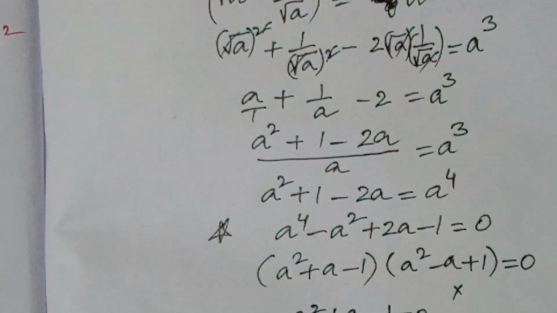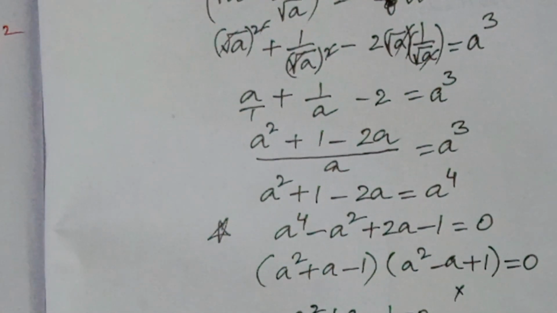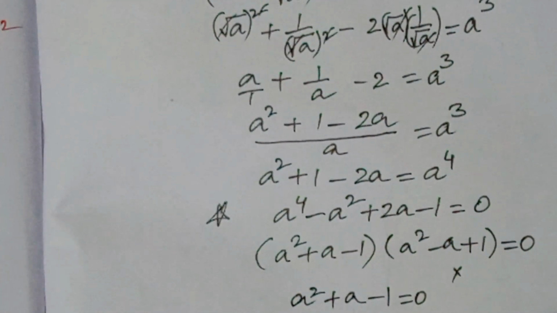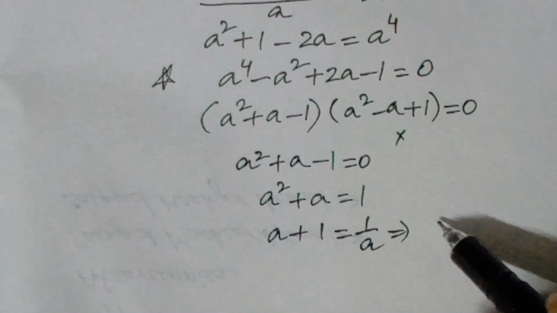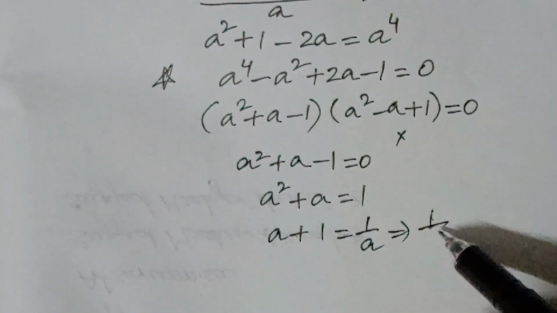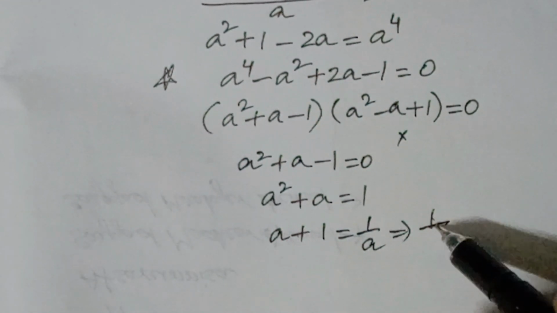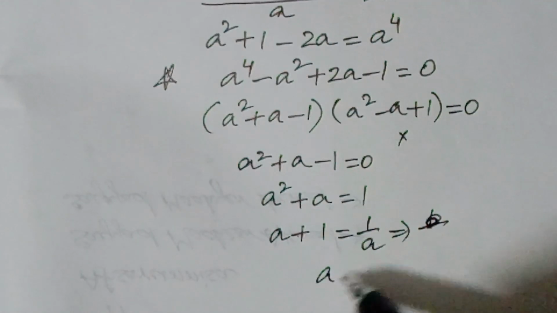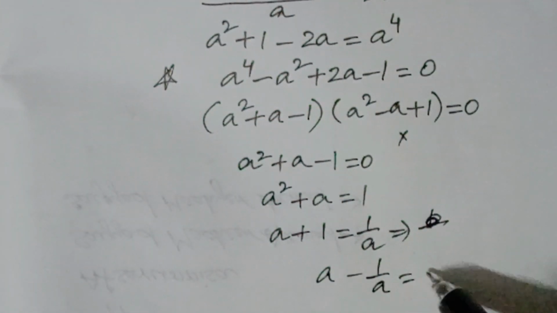A square plus a equal to 1. So divide by a: a plus 1 is equal to 1 by a. That implies a minus 1 by a is equal to 1.